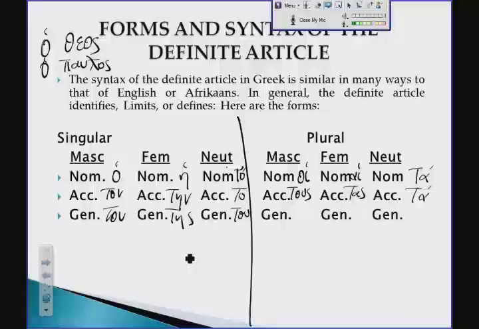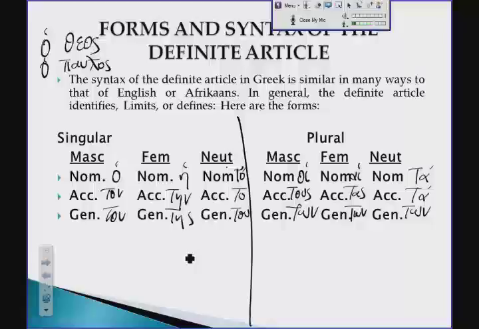In the plural, then you have ton, and then what do you have in the feminine plural? Ton again. In the genitive neuter also you have ton. So the ton is across in your plural forms. They are the same in the genitive.